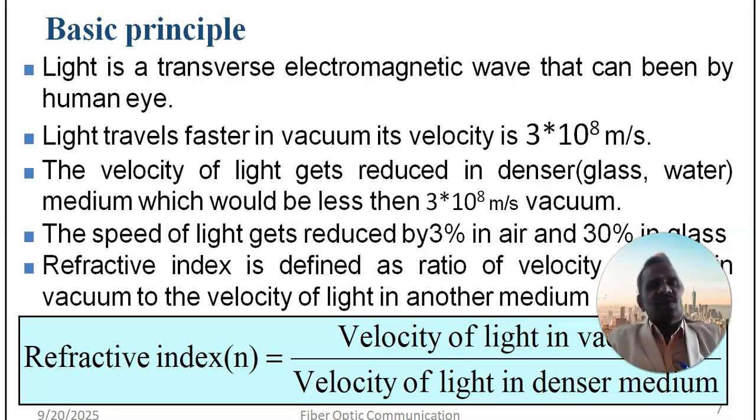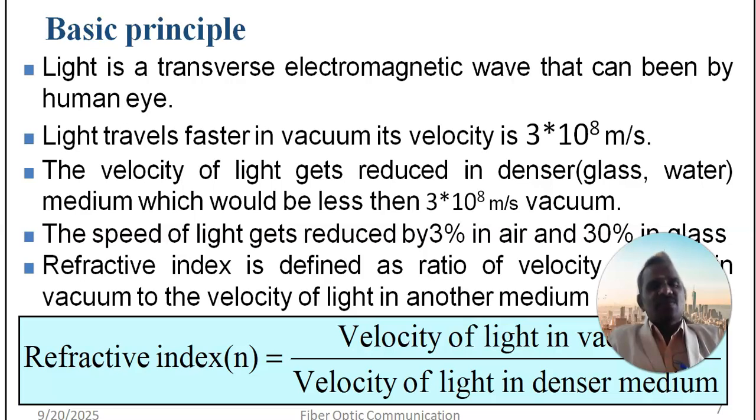Light is a transverse electromagnetic wave that can be seen by the human eye. When white light is passed through a prism, you can see the 7 colors, so that can be viewed by the human eye. If it is infrared or ultraviolet rays, we cannot see that.